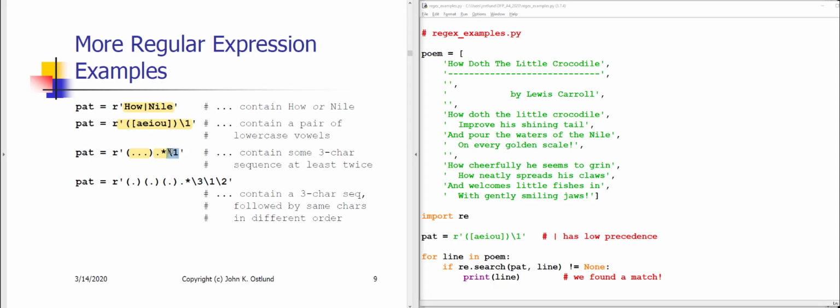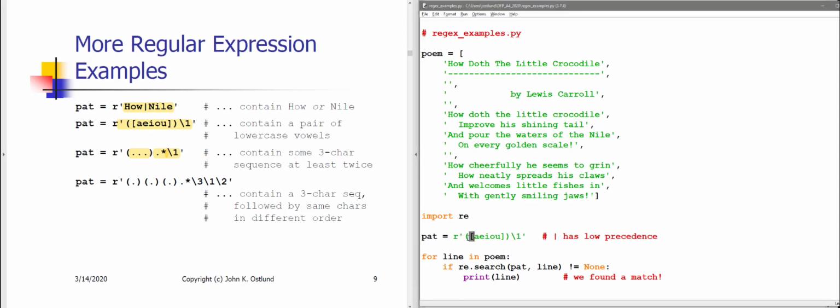And then \1 to indicate that I also require that same original pattern of 3 characters to occur again. So in other words, I'm looking for lines that contain 3 characters followed by anything, followed by those exact same 3 characters again. Let's see if we have any such matches here.